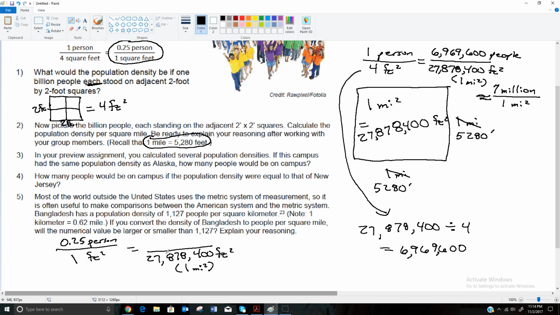Well, this is clear what this multiplication is. 1 to get to 27,878,400, you'd have to multiply by that number. So if we take this number and multiply it by the same thing, if we multiply it by 27,878,400, we would get that number.